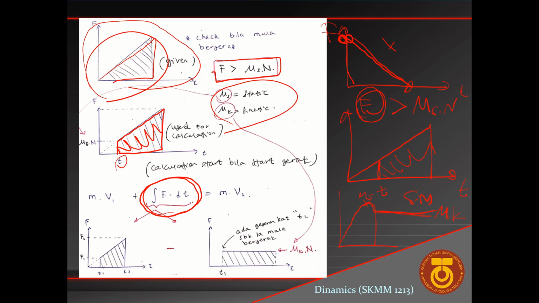The challenge here is to know at what time the component starts moving. The one that we use is from t1, when it starts moving, up to the t given, and the friction also applies from when it starts moving until it stops moving. As long as it is moving, there will be friction.